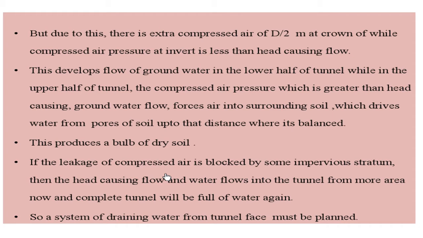That means the correct amount of compressed air is not going inside the tunnel, which would block the entry of water. If it is not given in the right amount, the head causing flow is not counterbalanced, and then water will again enter, and like that the tunnel will be full of water. So this can happen.